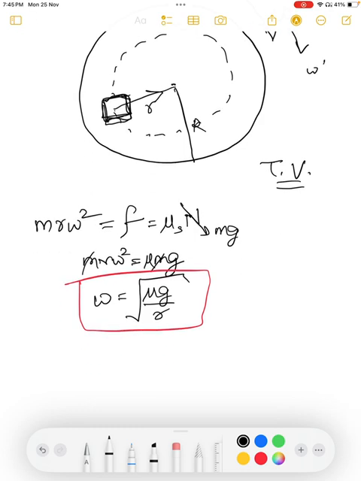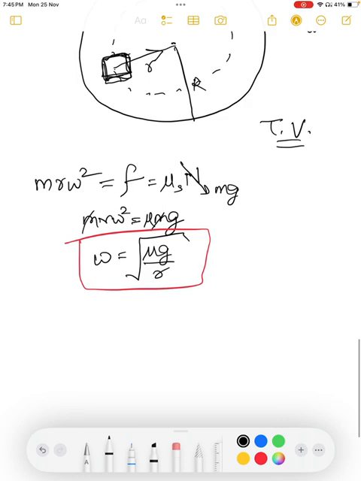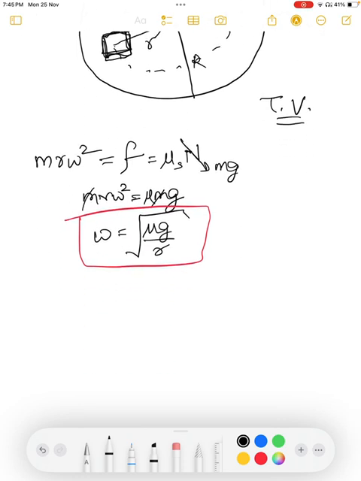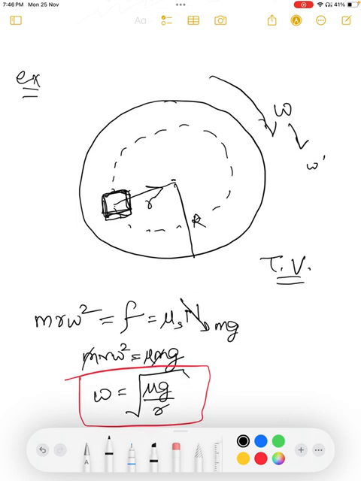So once you increase the omega to omega dash, there will be a tangential force acting on the block.